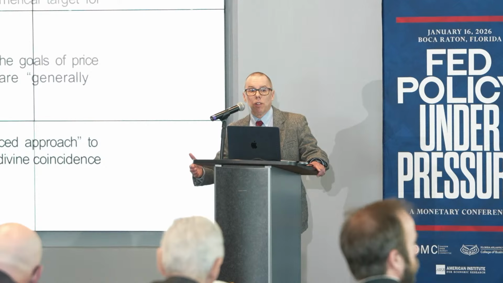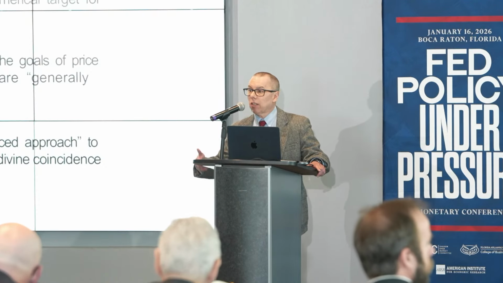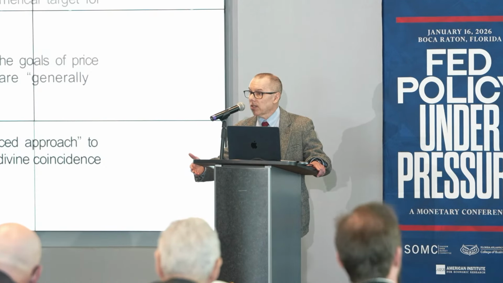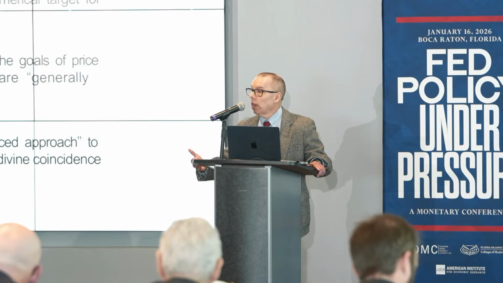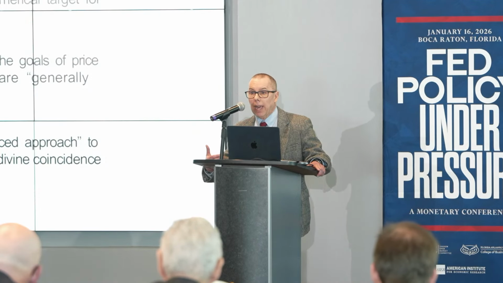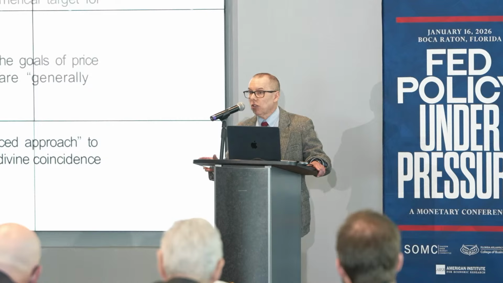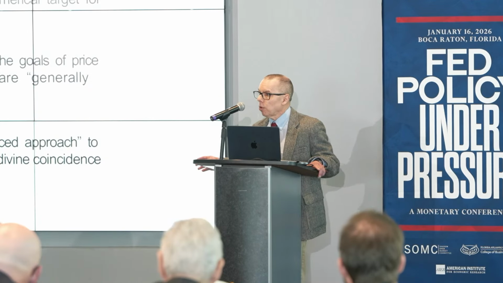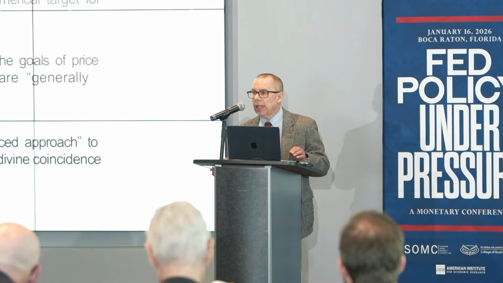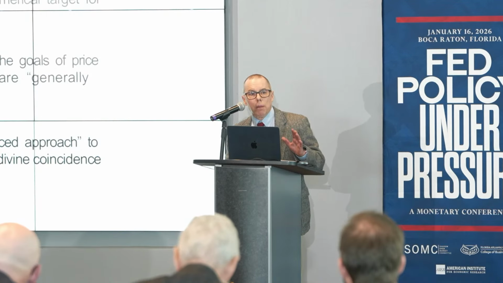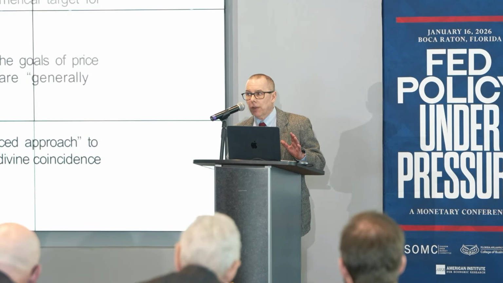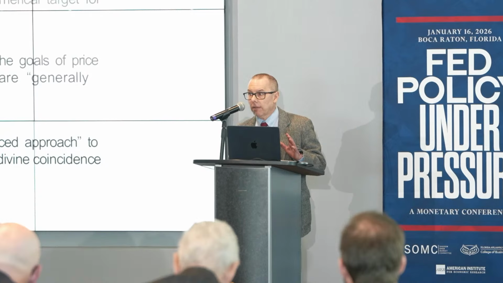But then the Fed Reserve would respond with excessively accommodative monetary policy that did precious little to bring the unemployment rate back down and instead just pushed inflation higher. So the balanced approach, that's an implicit promise by the FOMC not to repeat the mistakes that gave rise to stagflationary outcomes in the 1970s.